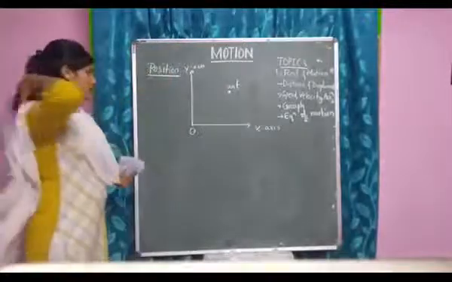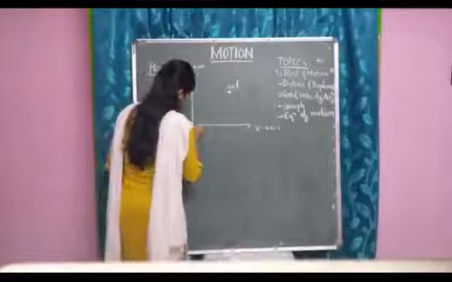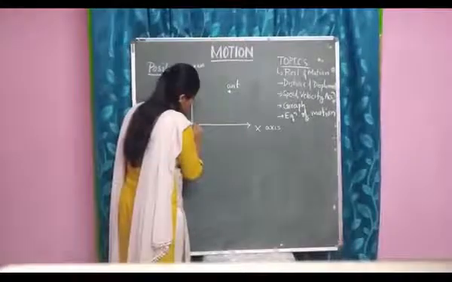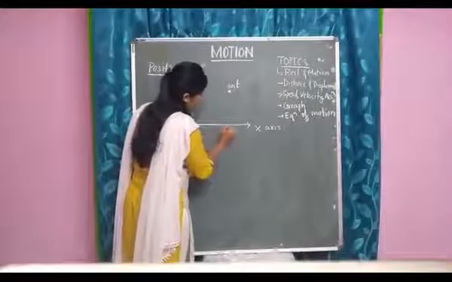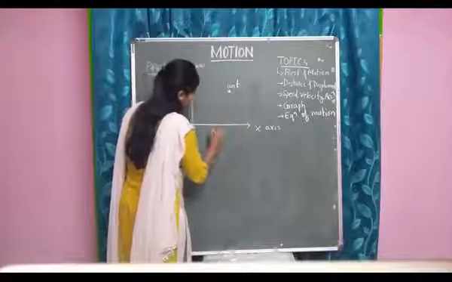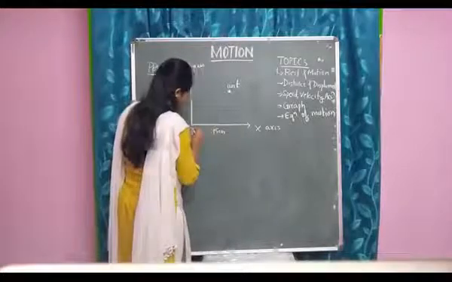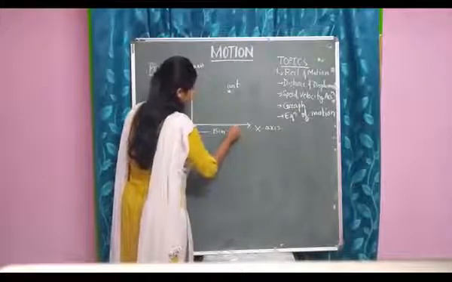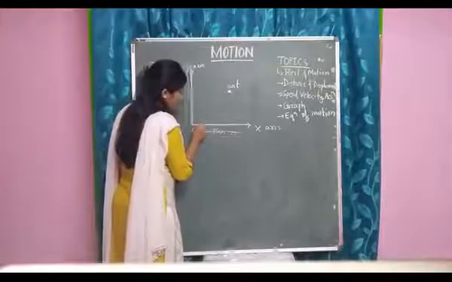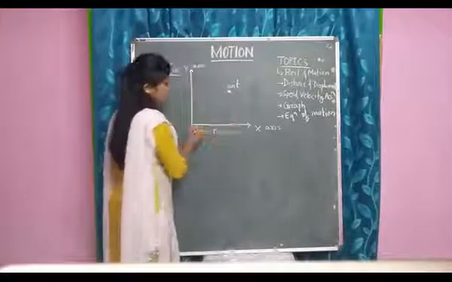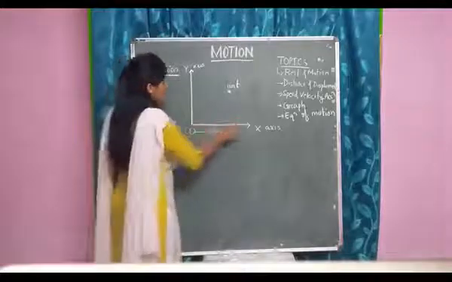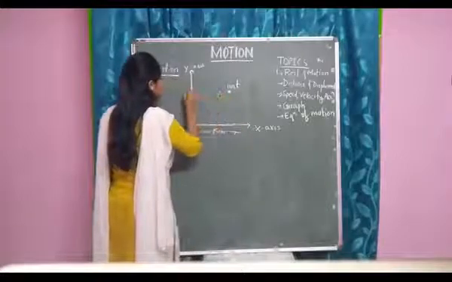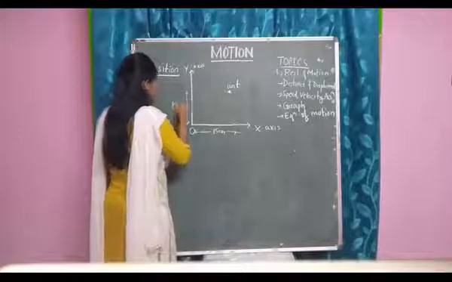Suppose from point O, which is our reference point, let us go towards east. Suppose this is 15 centimeter. So first we will go towards east. How much distance? 15 centimeter. And then towards north we will go, suppose this corresponds to 10 centimeter.